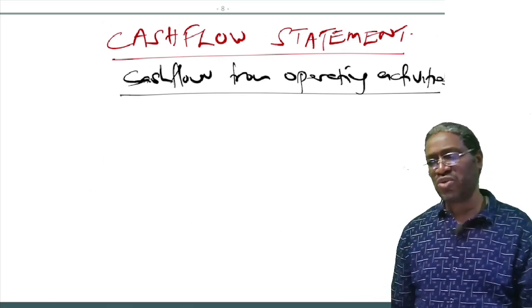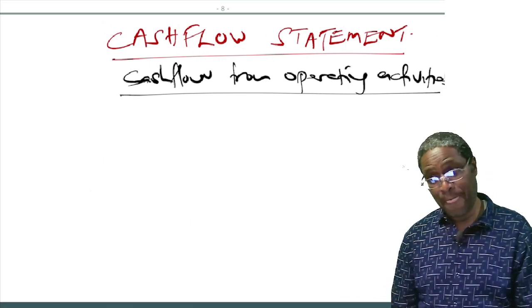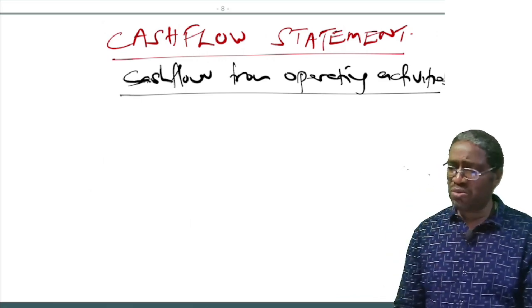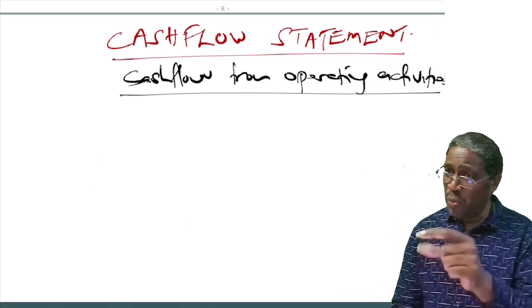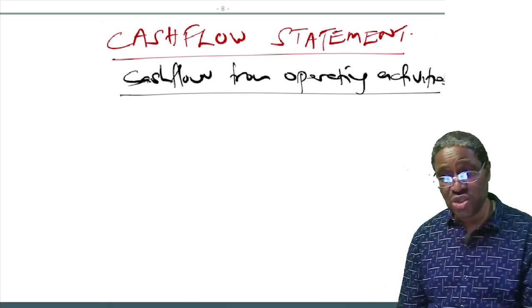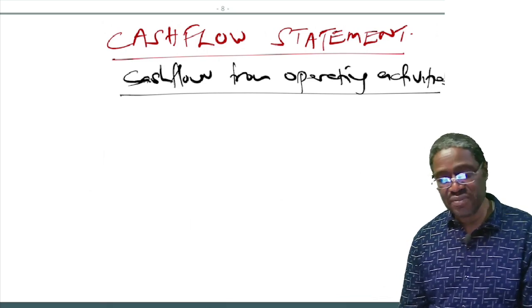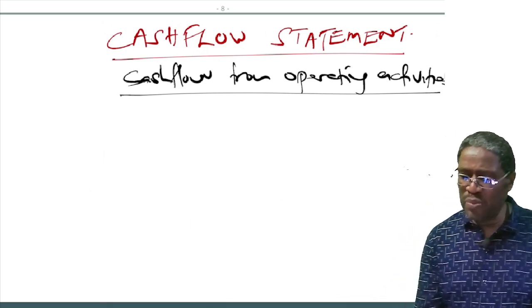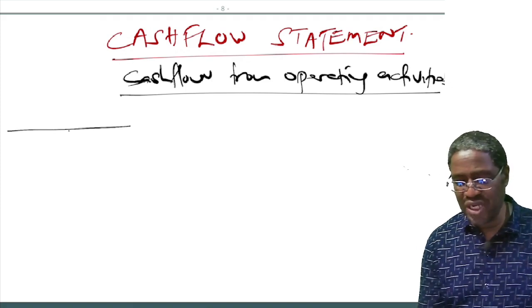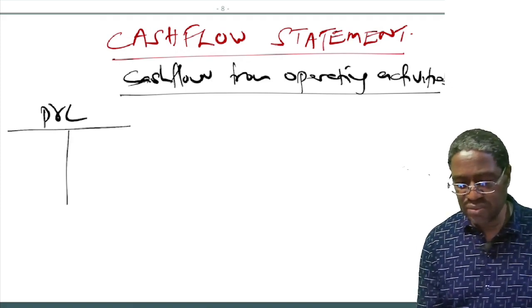How much cash flow did we generate from them? Now, to identify the cash flows from operating activities, I've told you operating activities are those transactions that are used in the determination of profit. Okay? Meaning, if you prepare your income statement, let me assume you prepare your P&L account in a T format.